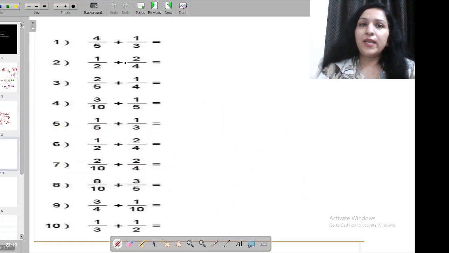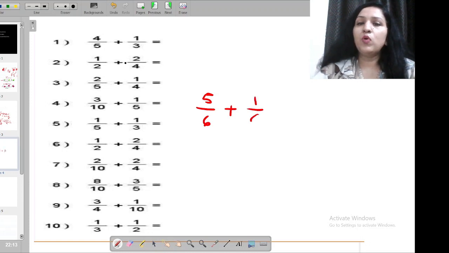Now let's move to the next topic, addition and subtraction of like and unlike fractions. Addition and subtraction of like fractions is the easiest one. So I am going to take just one example for the same. Please have a look. If I have 5 by 6 plus, let's say, 1 upon 6, I need to add these two fractions.